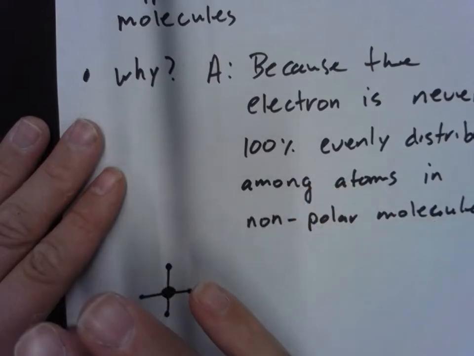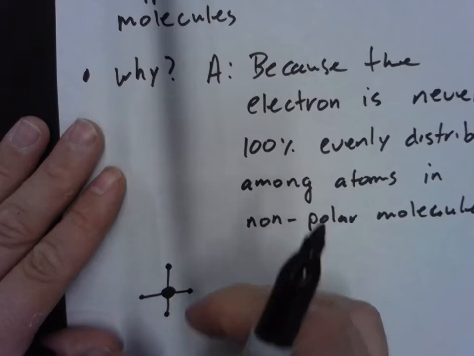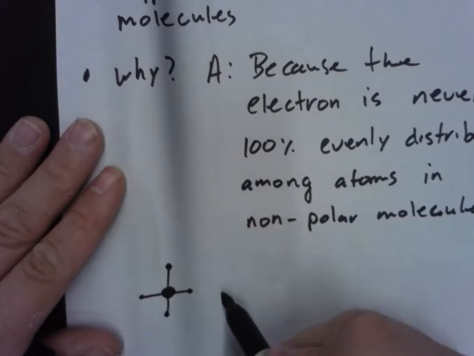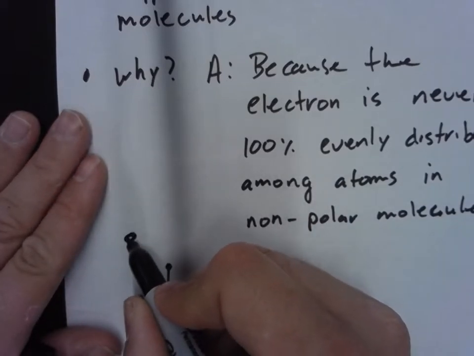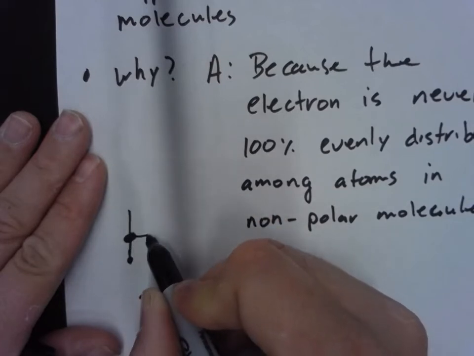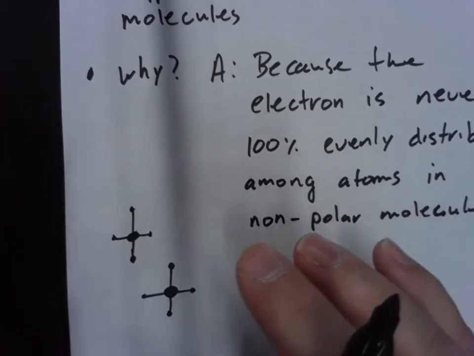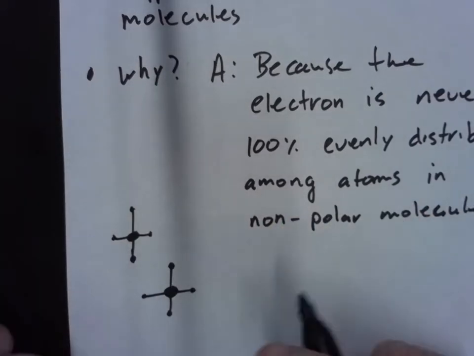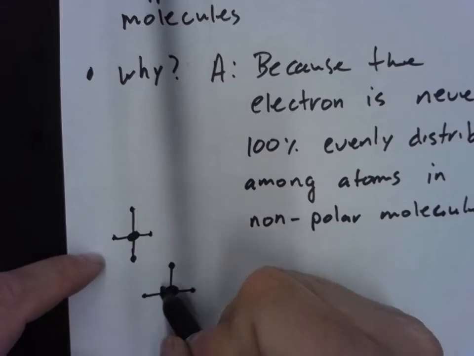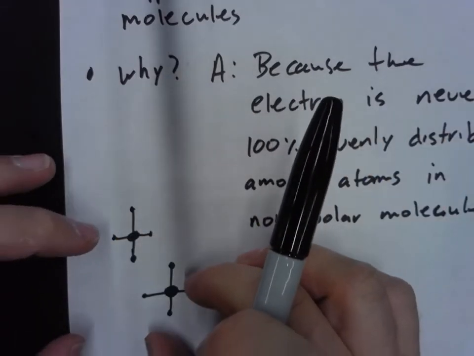It's not enough to call it a polar molecule, but there's still going to be some uneven distribution of charge. So because of that, if you get two CH4 molecules close to each other, there's still going to be a very, very slight attraction. Not enough for us to draw the dashed lines to show that attraction.